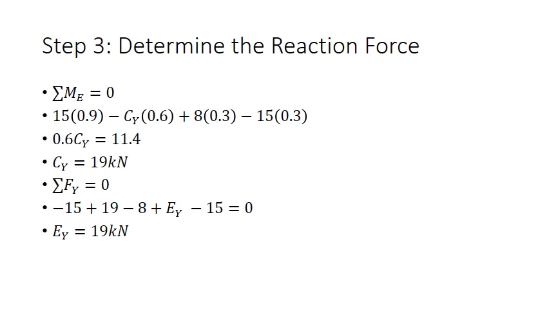And then you add them together, you get 0.6 Cy equals 11.4, and then Cy you will get 19 kN by dividing 0.6 on both sides. So sigma Fy equals 0 to find the Ey. So minus 15 plus 19 minus 8 plus Ey minus 15 equals 0, and then the Ey will be 19 kN.